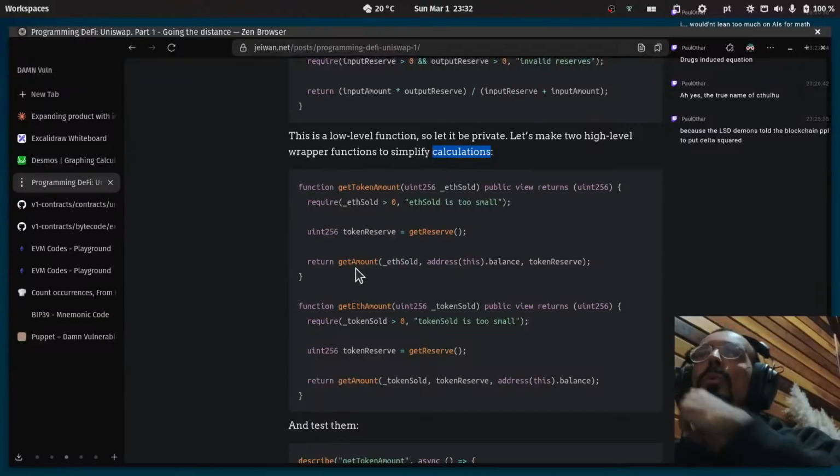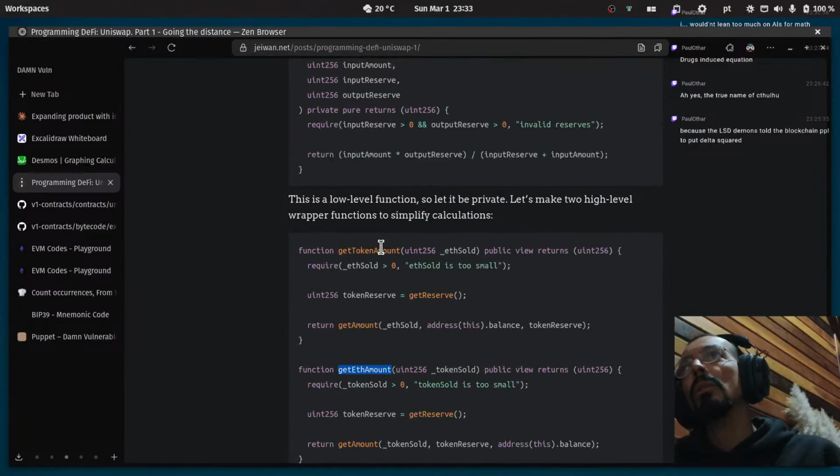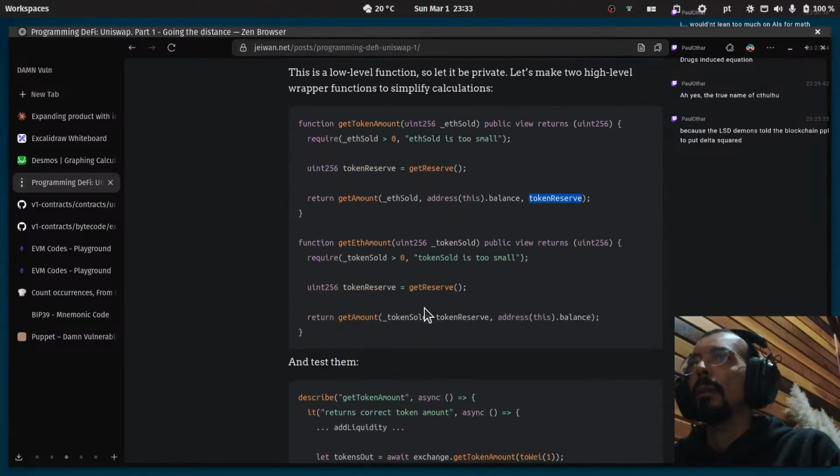They created 2 functions to be easy to use, called get token amount and get ether amount. If you take get token amount, you need to send Ethereum and say how much. They call the formula and check the balance for the Ethereum reserve and the token reserve as well. Here the function name should be token reserve, and here Ethereum reserve, but okay.